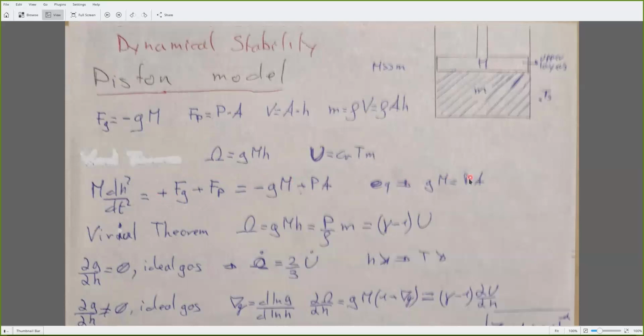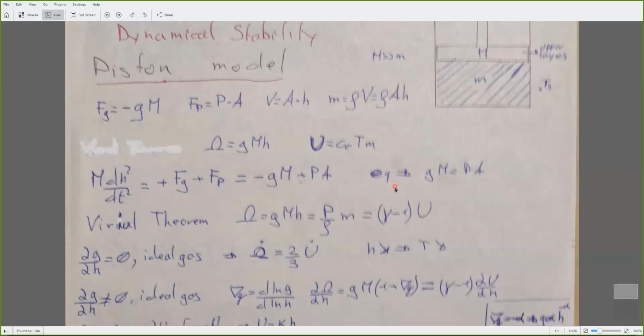And if you have an equilibrium, we have the pressure multiplied by the surface equal to the acceleration of gravity multiplied by the mass, quite similar to the equilibrium, the industrial equilibrium we saw before.